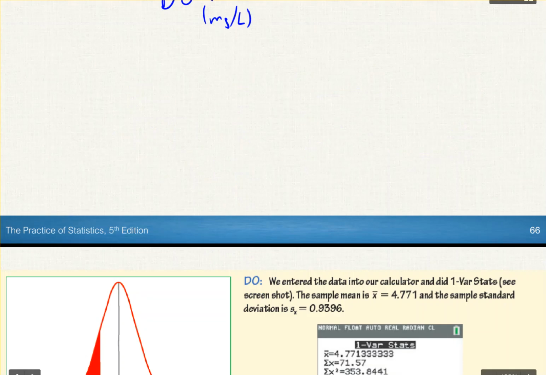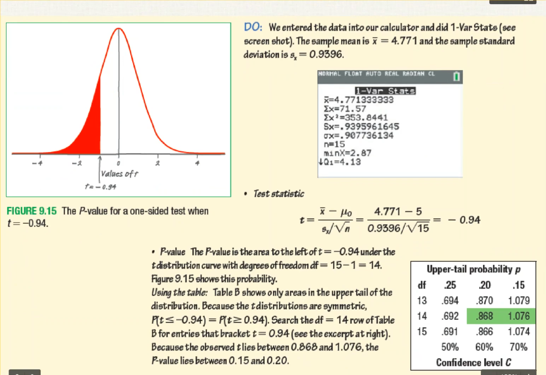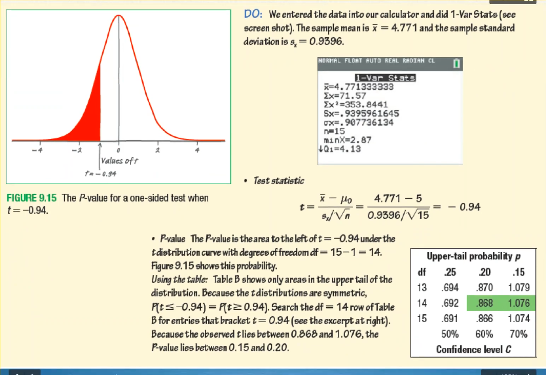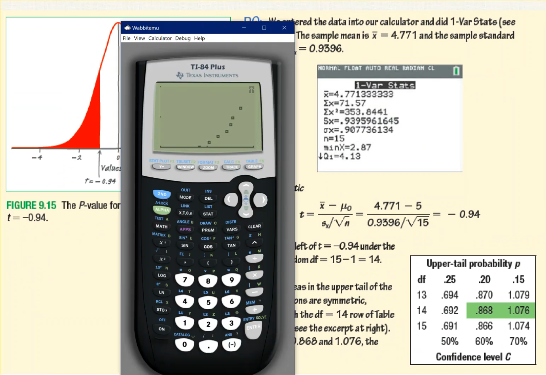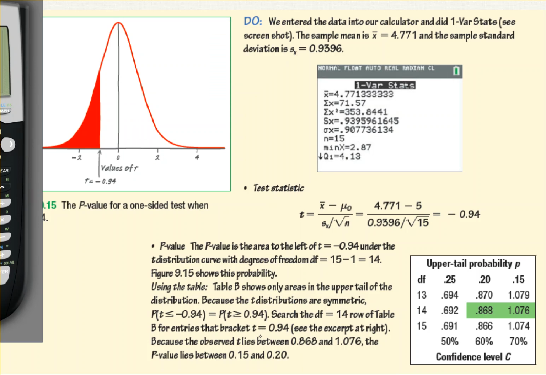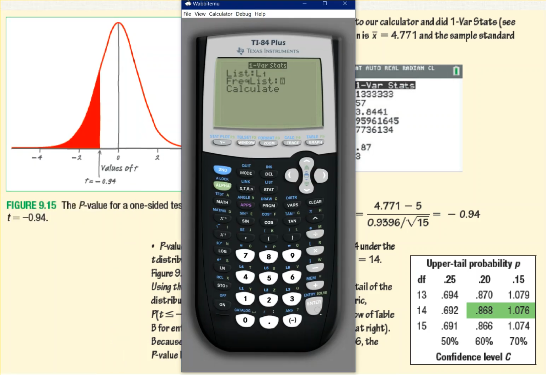So anyways, let's actually do it. They have a screenshot there, but let's go ahead and take a look at this. Let's do stat, one var stats. Oh, and then my calculator moved here. All right.